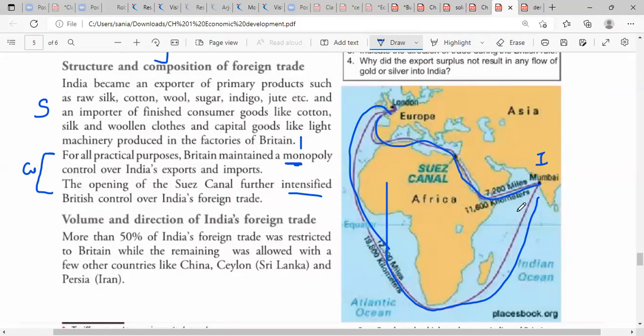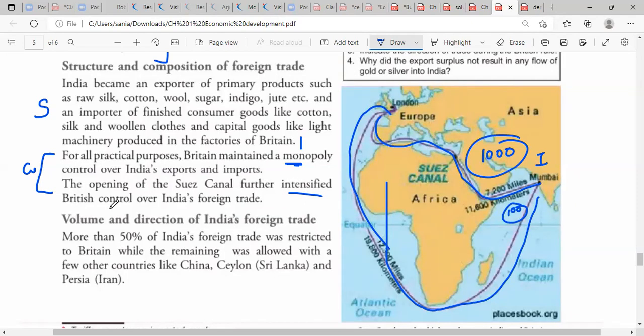For example, earlier if Britishers were taking 100 goods from India, because it was time consuming and the distance was long, now if they were earlier taking 100 cotton or silk from here, now they are going to take 1,000. Why? Because they only have to cover a shorter distance. So the opening of Suez Canal further intensified British control.